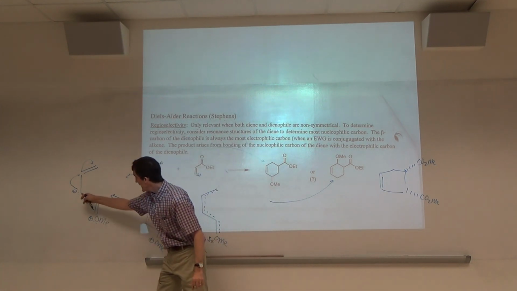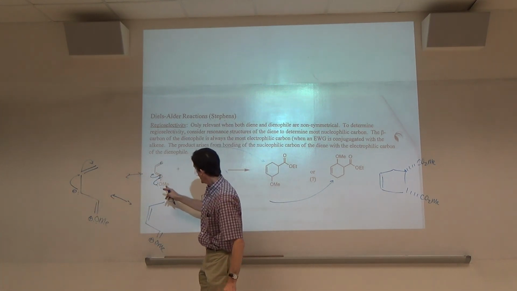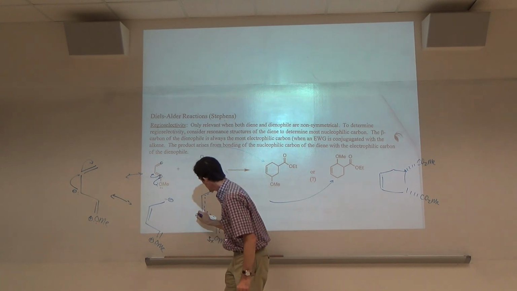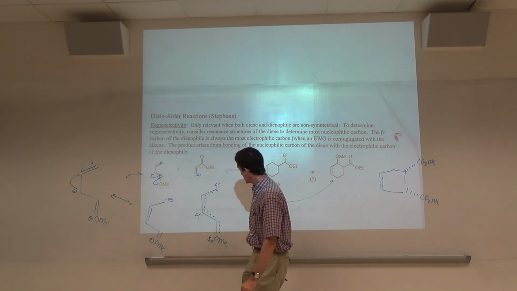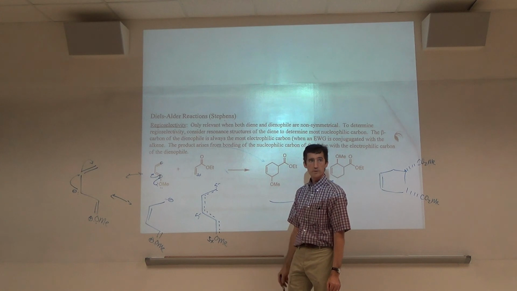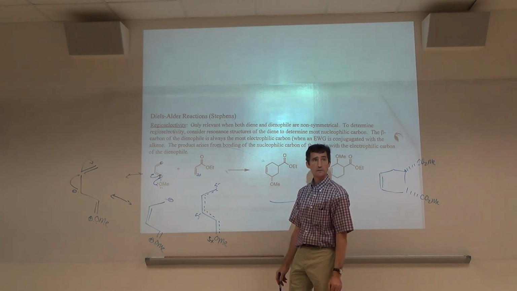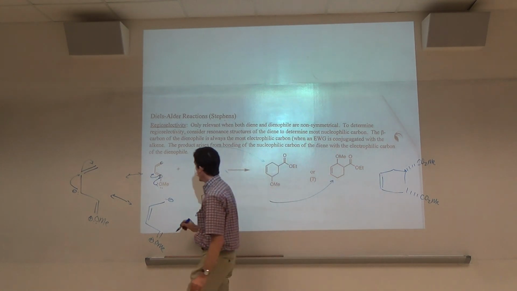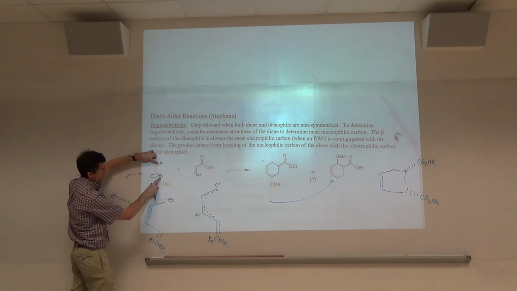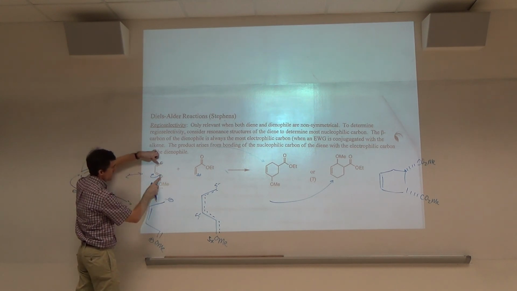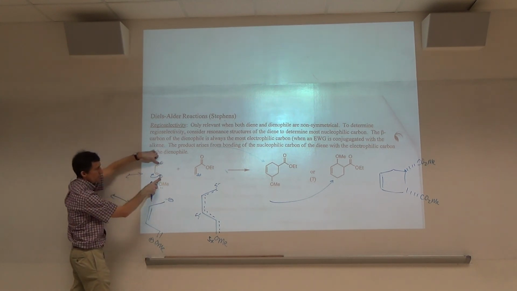Well, obviously, that one. And that one. So it's partial minus there and partial minus there. There's your hybrid with partial charges delocalized. Of the original carbons, of the reacting carbons, the 1 and 4 that react, which one has partial minus?